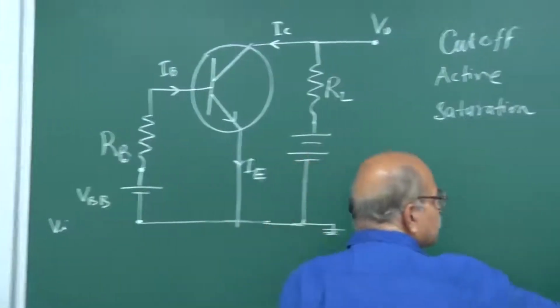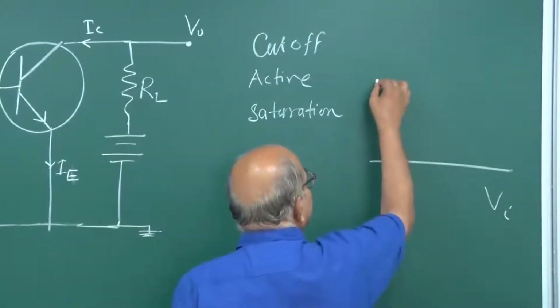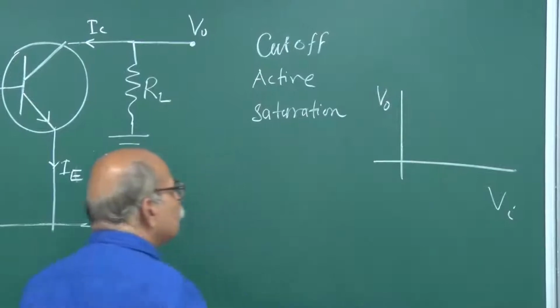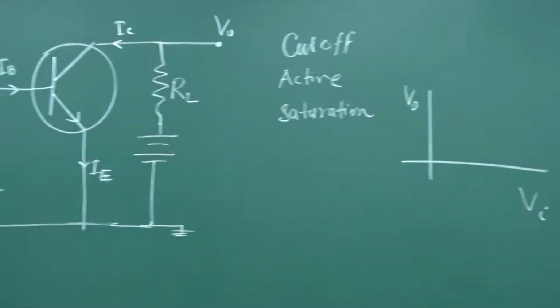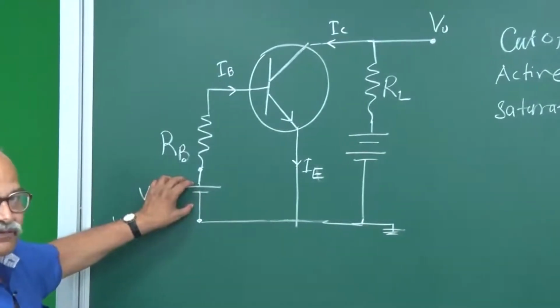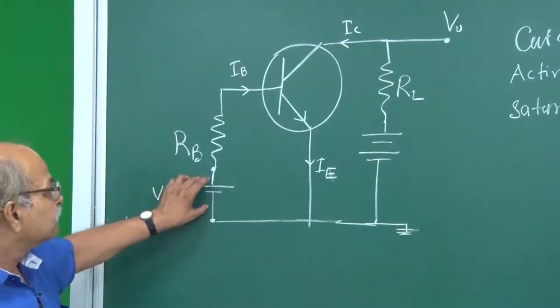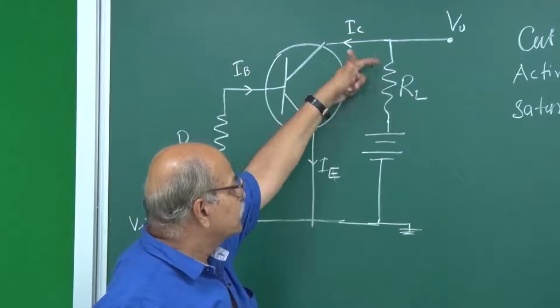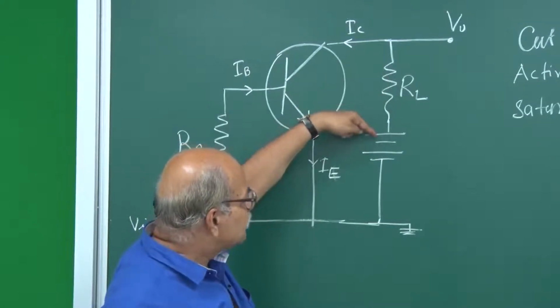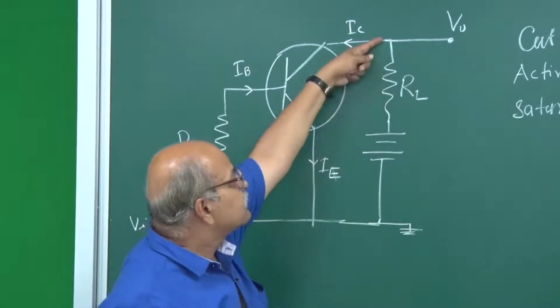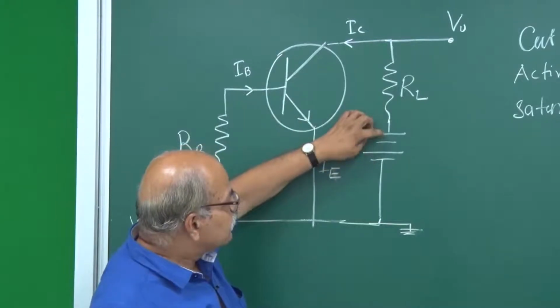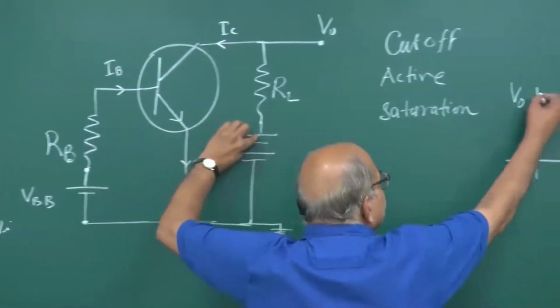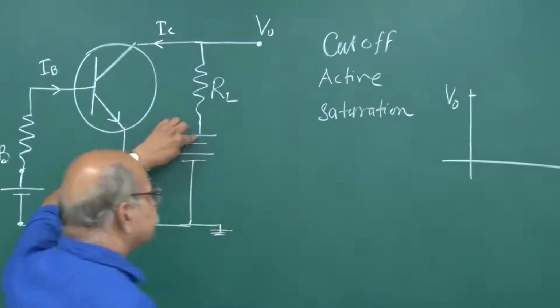So, if you plot this graph here, what happens? If this VI is very, very small, you are in cutoff region, and if you are in cutoff region, this IC is 0. If IC is 0, no drop on this RL, and therefore, whatever voltage is here, same will be voltage here. So, this battery voltage, that will appear as this output voltage.